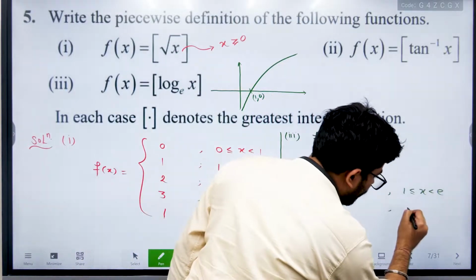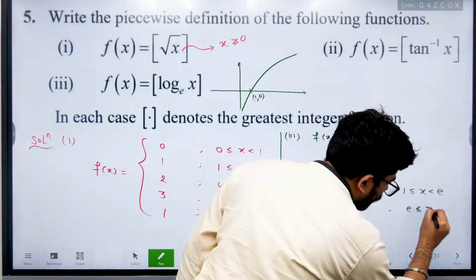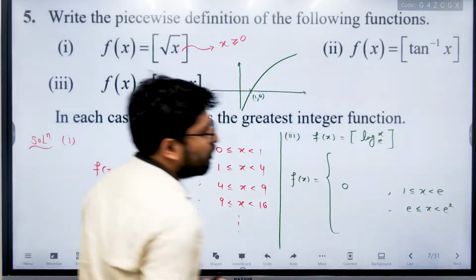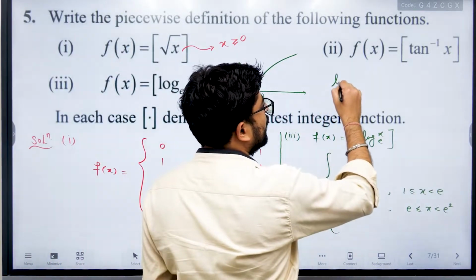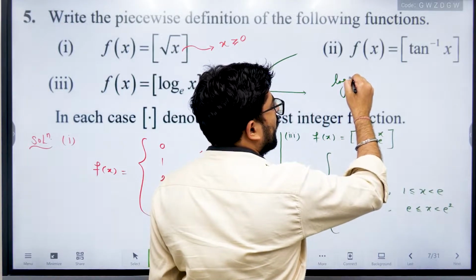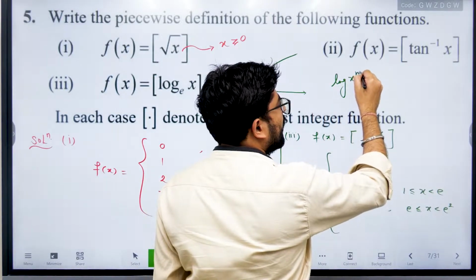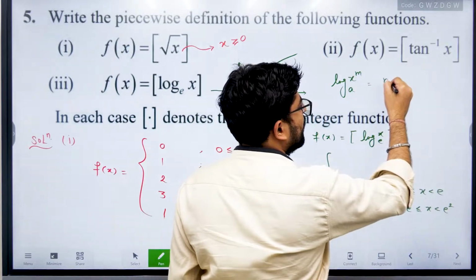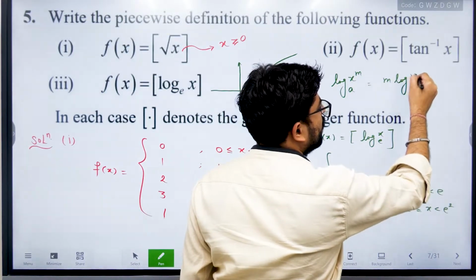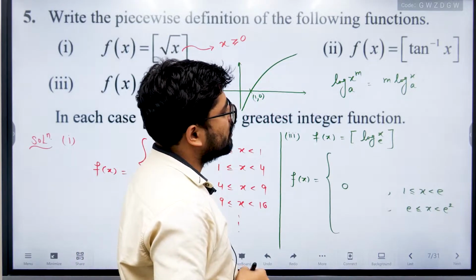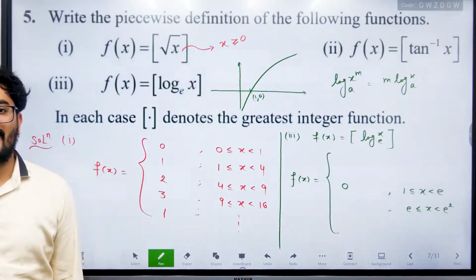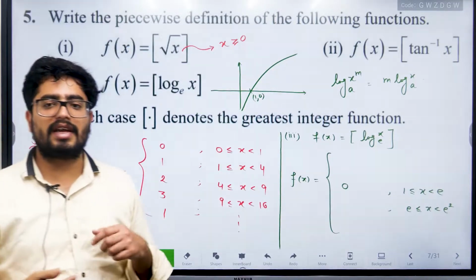Now e to e square, log e square to the base e is 2. Why? Because we know that log x to the power m to the base a is m times log x to the base a, and log a to the base a is 1, so log e to the base e is 1.